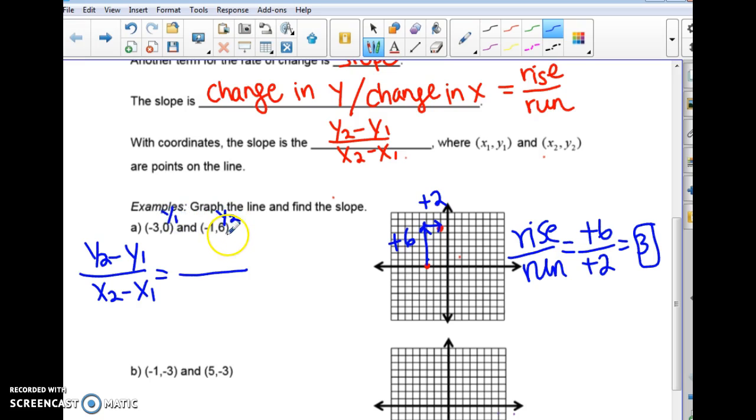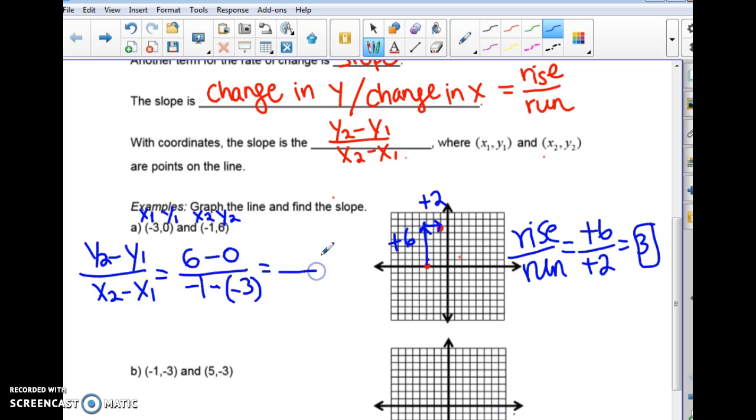So we always go second y minus first y: 6 minus 0. Correct? And then second x minus first x: negative 1 minus negative 3.